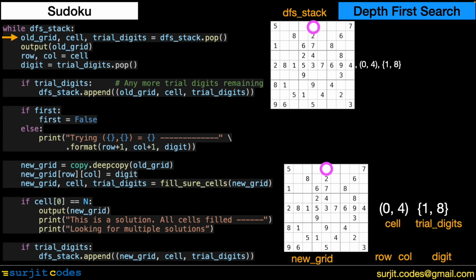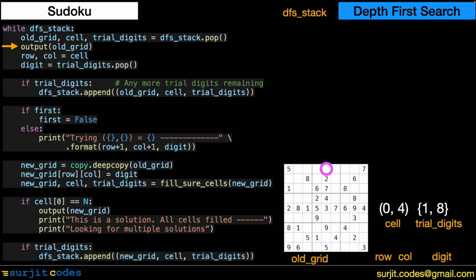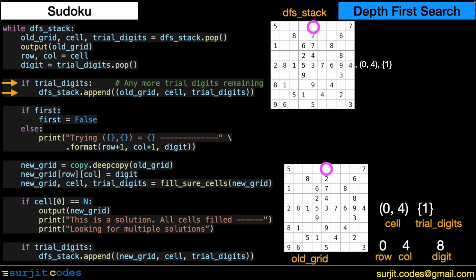In the next iteration, we pop out the tuple from the stack and save it as old grid. We output it. Row and column are 0 and 4. We pop out a digit from the set of trial digits. Some trial digits are still pending, so we push them back to the stack. We print 8 as trial digit. We copy old grid as new grid.